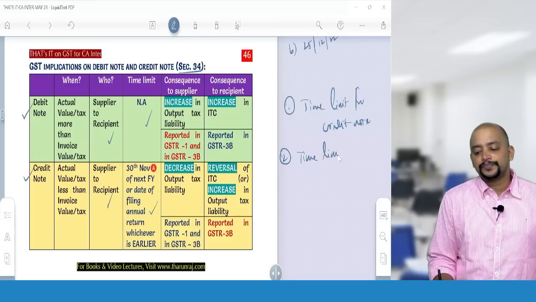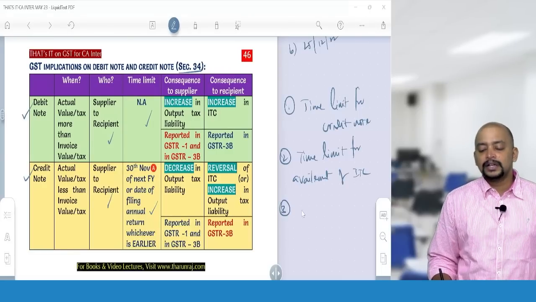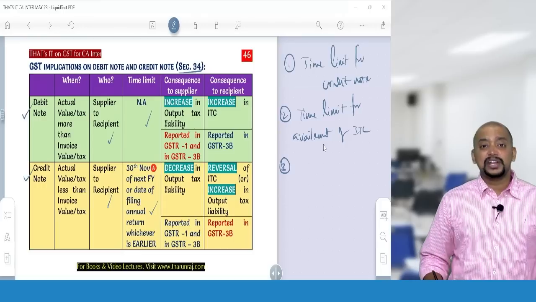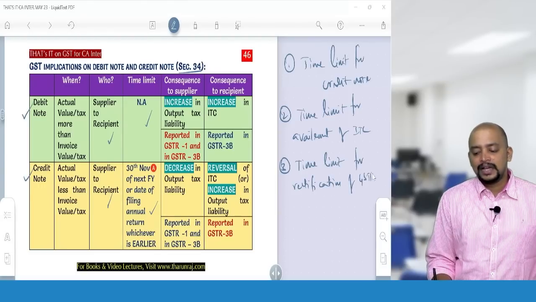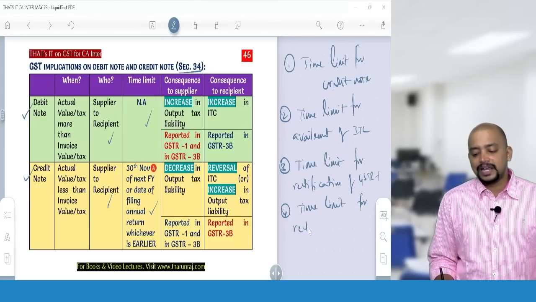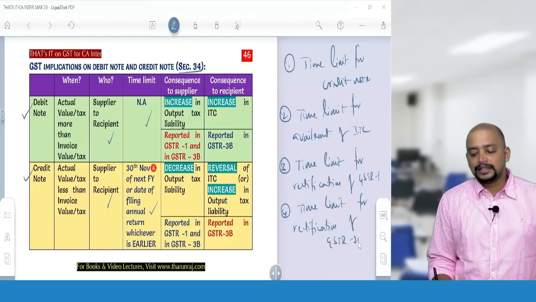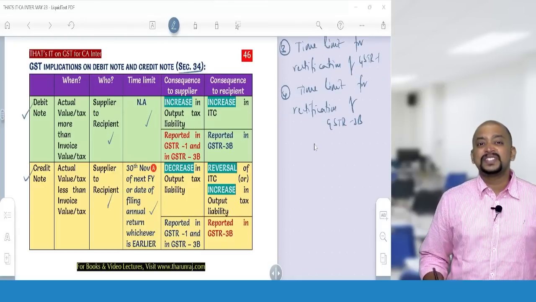And third, the time limit for rectification of GSTR1, then the time limit for rectification of GSTR3B, and thereafter the time limit for rectification of GSTR8.